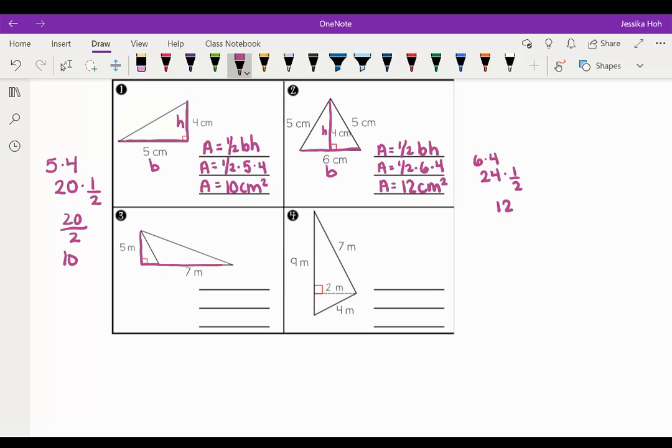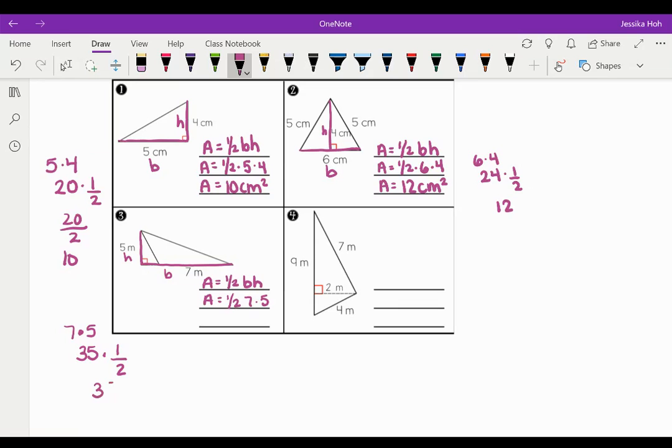So area equals 1/2 base times height. This is my height, this is my base. My base is 7 times 5. Okay, so 7 times 5 is 35. And then I need to times it by 1/2.